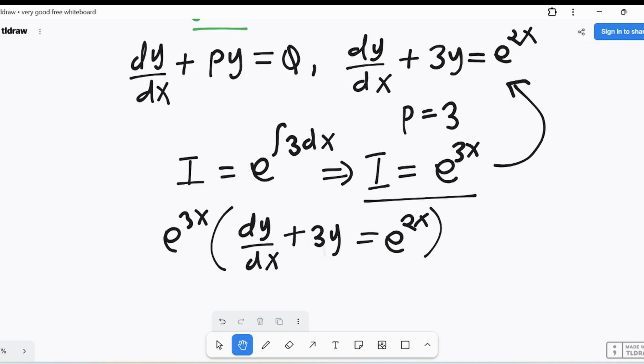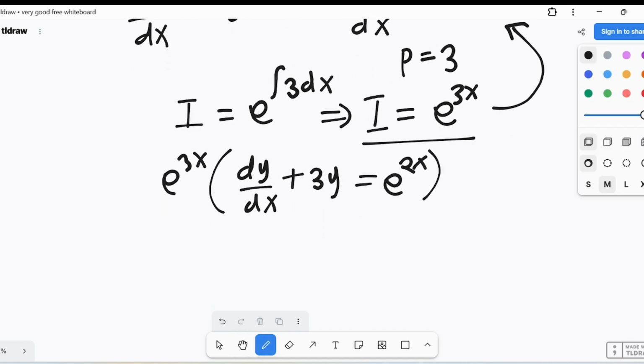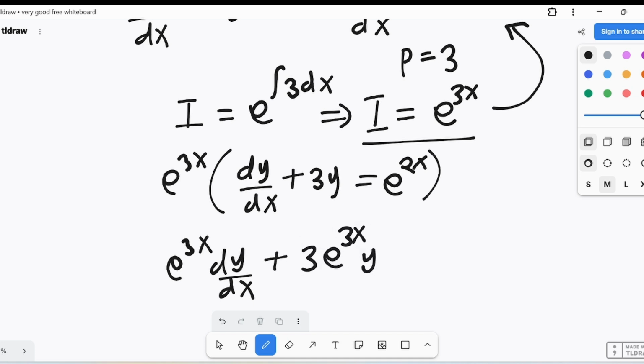Expanding, we shall have e of 3x dy by dx plus 3 e of 3x y is equal to e of 3x times e of 2x.